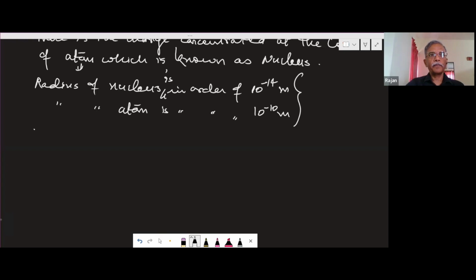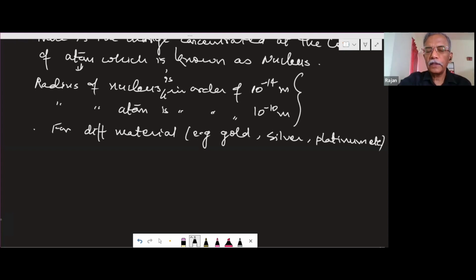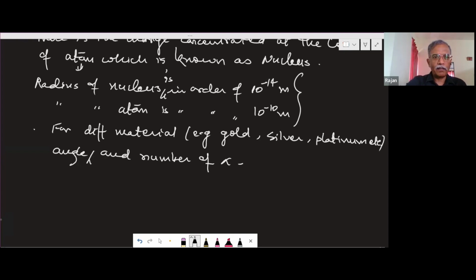And so you can write that for different materials, such as, for example, gold he has taken, maybe silver, maybe platinum, maybe any metal, etc. He found that the scattering angle and the number of alpha particles are different, right?